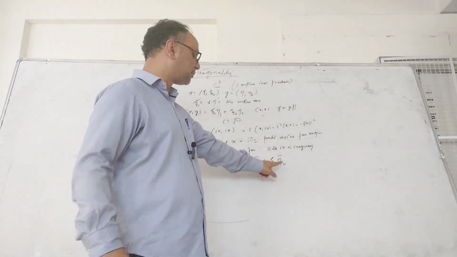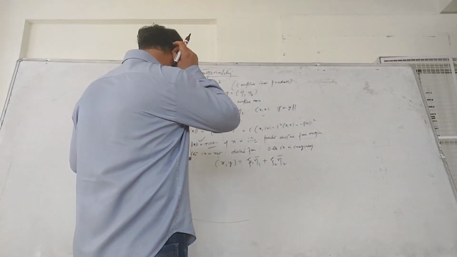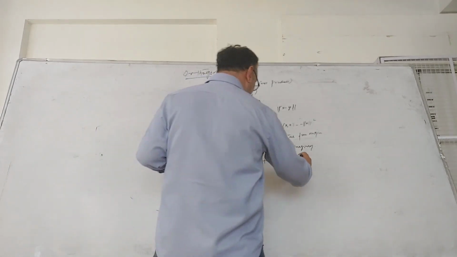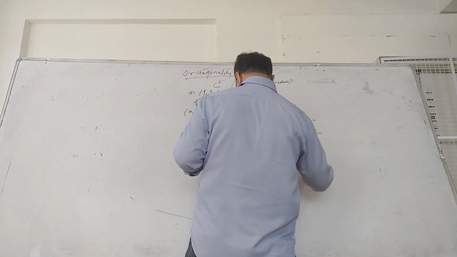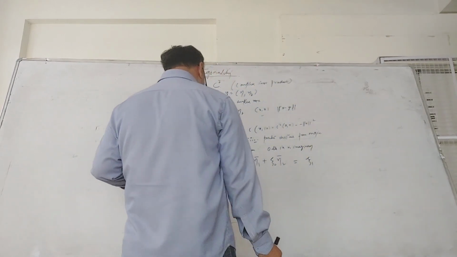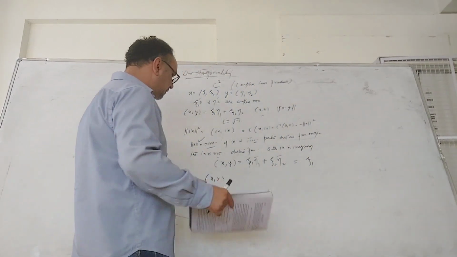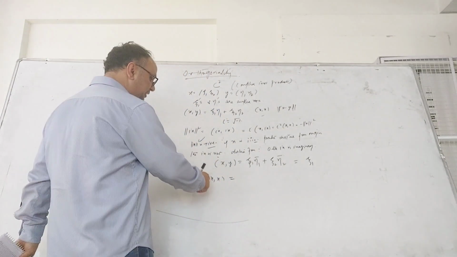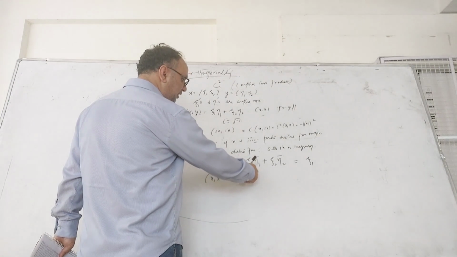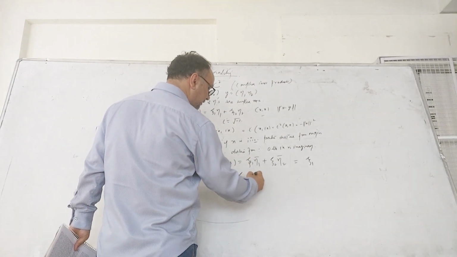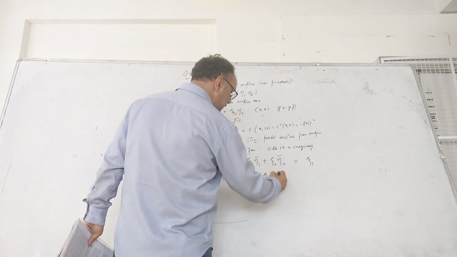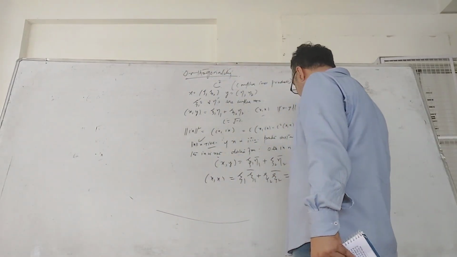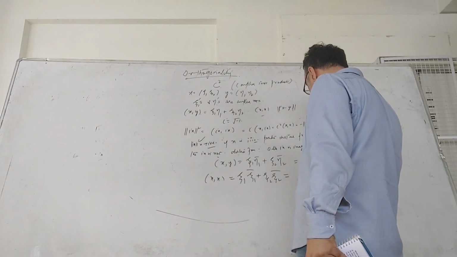For the simplest case, x and x, it will be zeta 1 conjugate plus zeta 2 conjugate, which comes out to be zeta 1 square plus zeta 2 square.